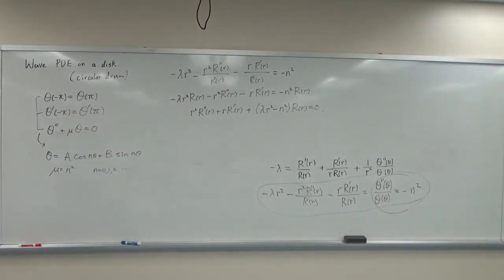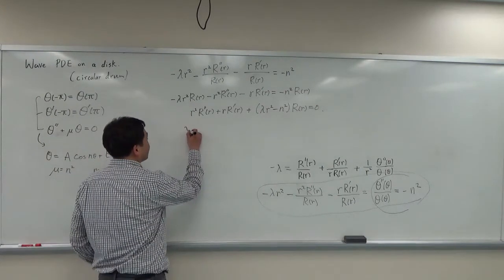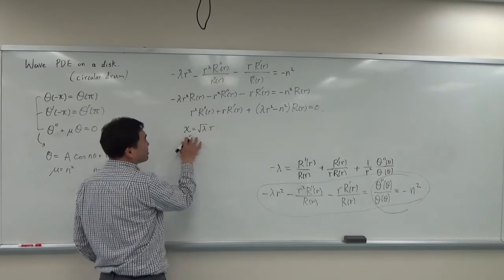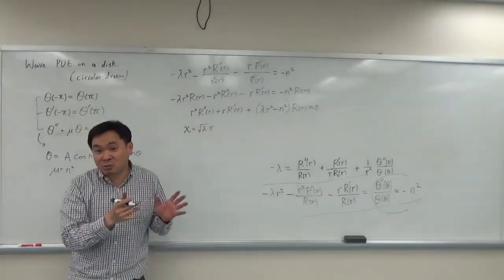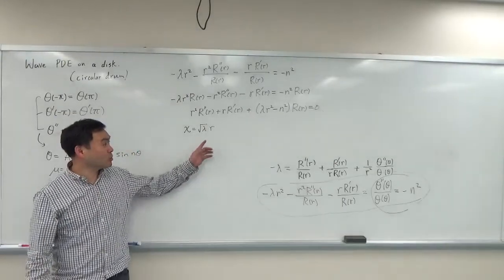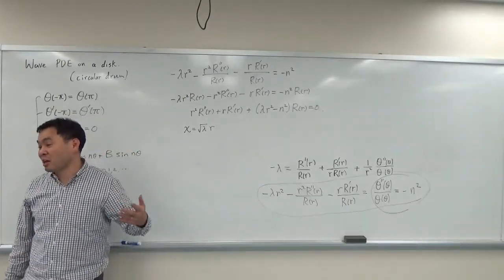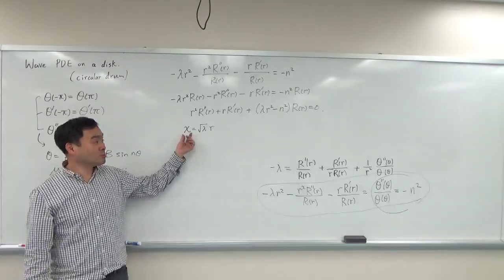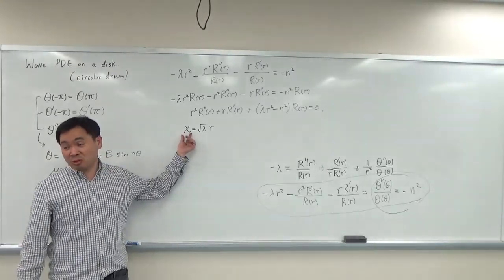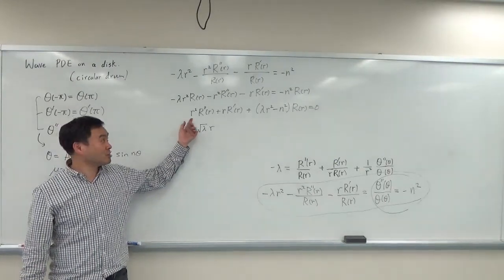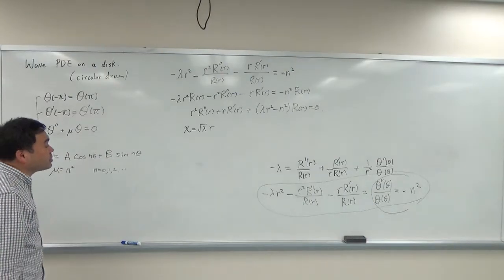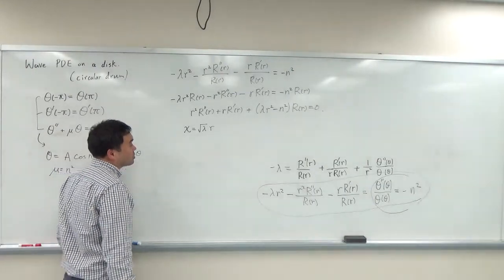So unfortunately, we're going to have to use x as square root of lambda r, where this x has nothing to do with the Cartesian coordinates x. Okay, so forget about the fact that x is r cosine theta. This has nothing to do with that. It's just some variable that we're just going to use so that this looks a lot easier. Okay.